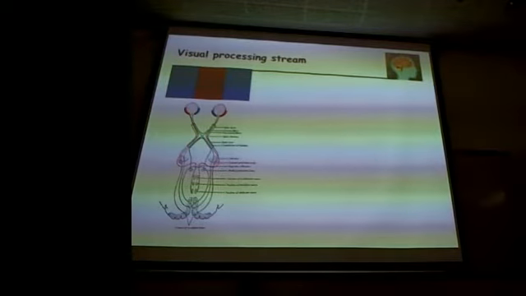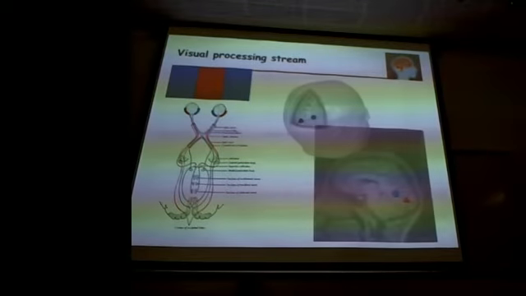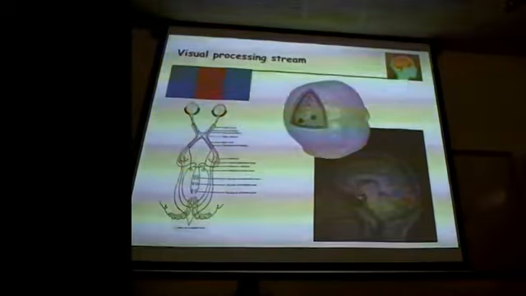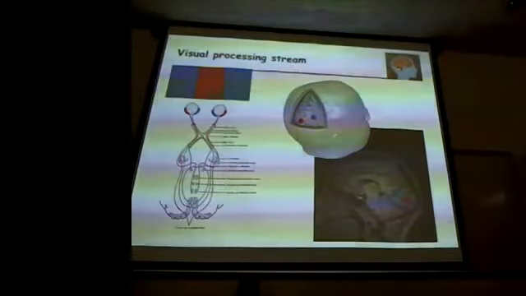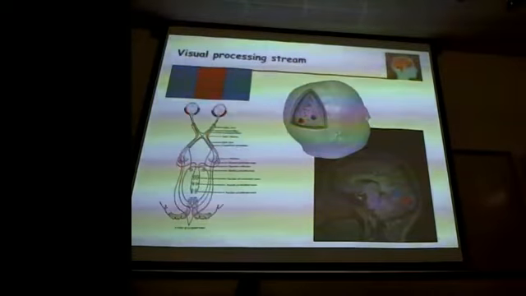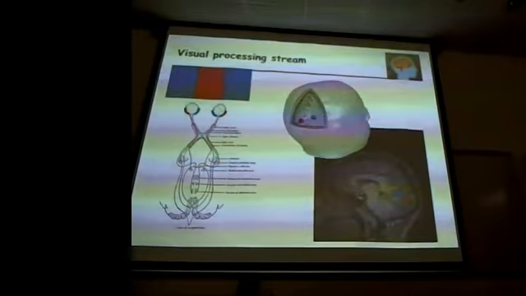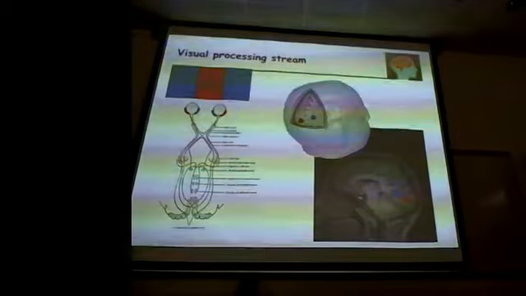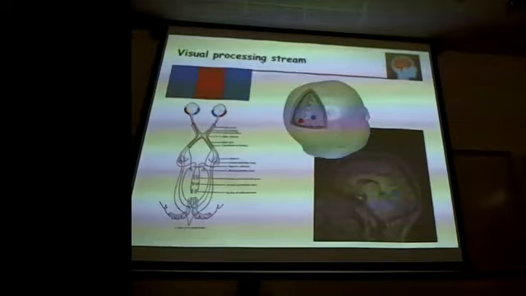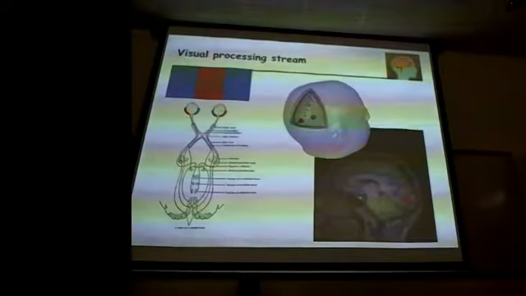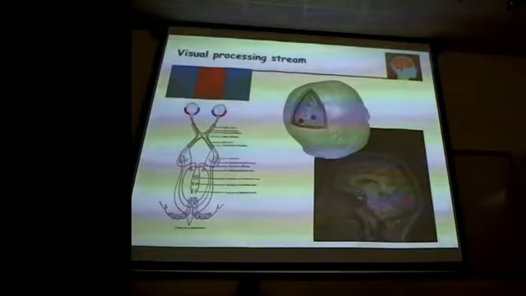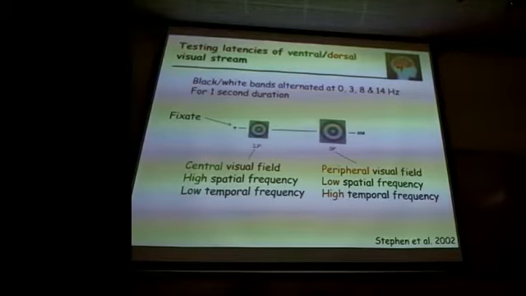So we know that there are different visual streams, and so the central stimuli, that stuff that appears in your central visual field, is processed through different visual streams than stimuli that are presented in the periphery. We know that these sources localize to different parts of the cortex, which can be shown here. So the peripheral stimuli localize more interiorly than the central stimuli.